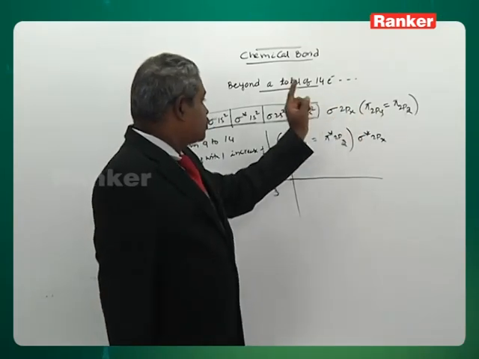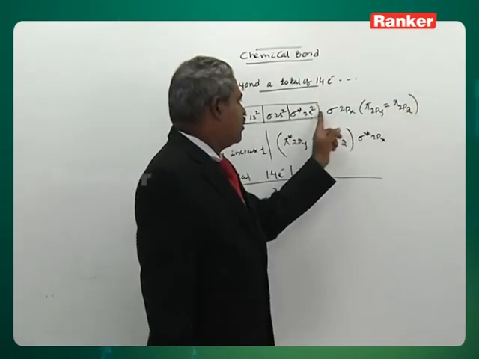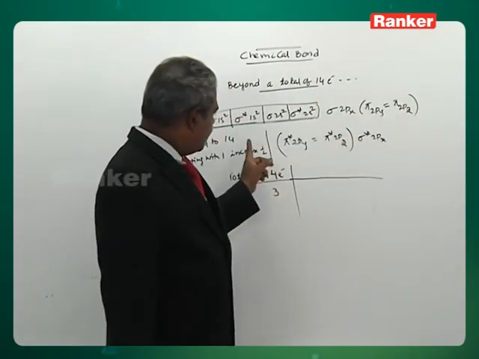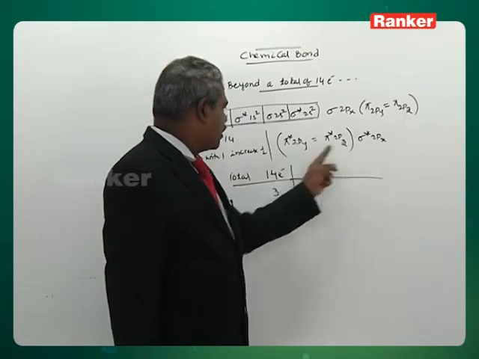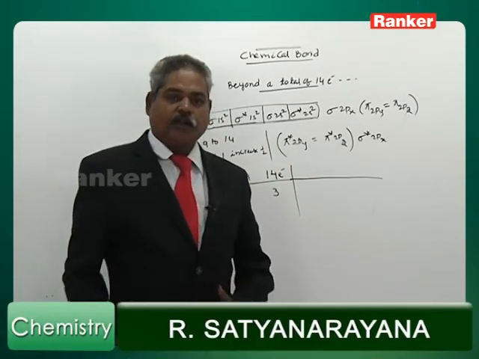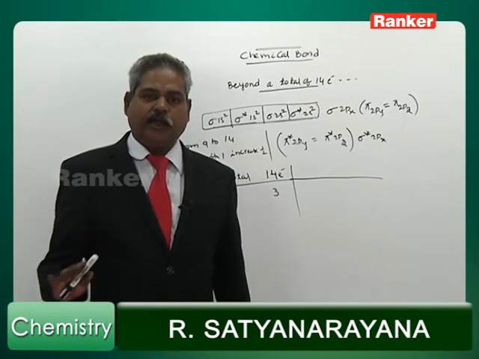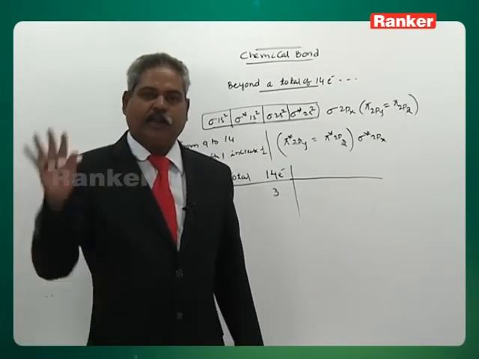Anti-bonding means star only. You don't see any star here, all are bonding electrons. And these next ones all have star, so all are anti-bonding. So after 8, you have 6 bonding electrons, the next 6 are anti-bonding.